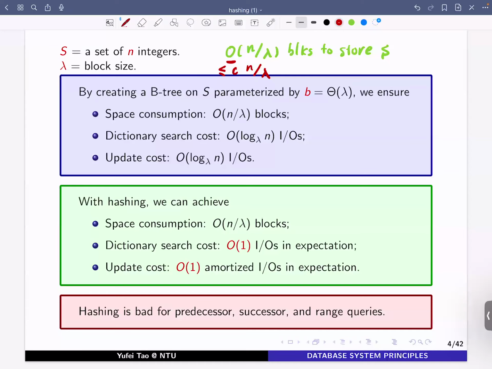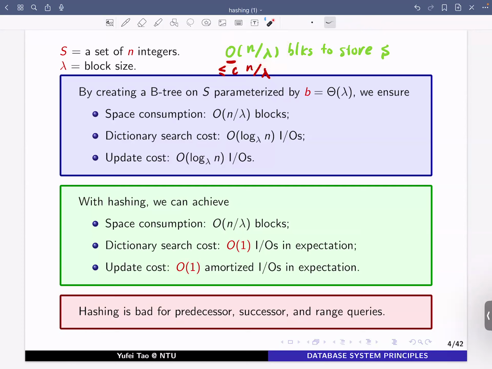Essentially, this says the minimum number of blocks you need in order to store S is on the order of n over lambda. And therefore, this is the amount of space we aim to achieve also for data structures.